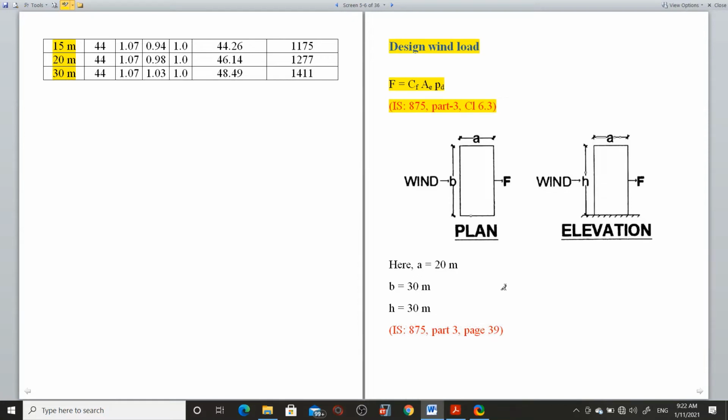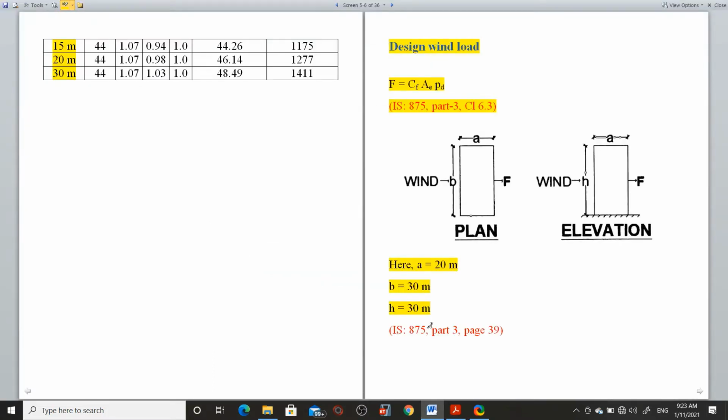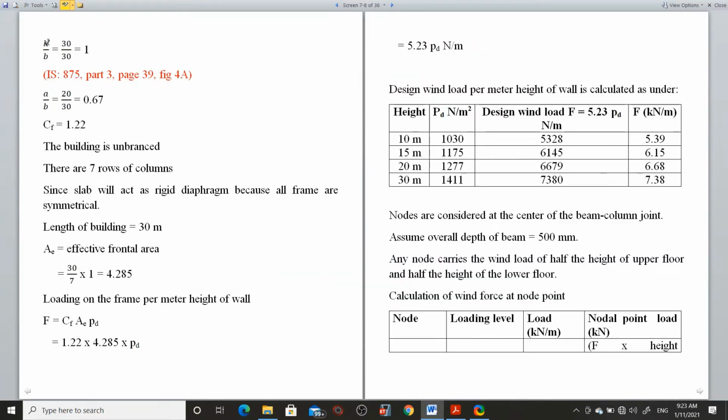Here a is 20 meters, b, the width, is 30 meters, and h, the height, is 30 meters. These are given in the example. So 20 meters by 30 meters, and height by width, h by b, is 30 by 30, which is 1.